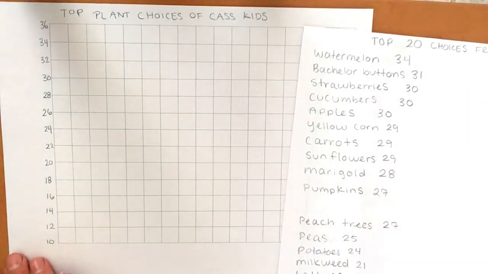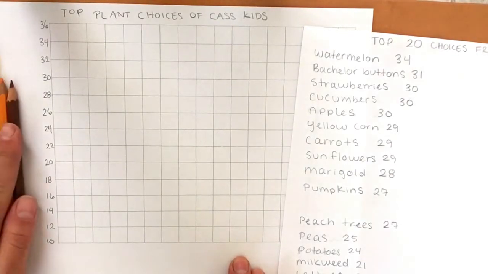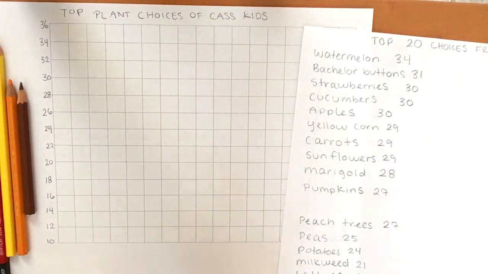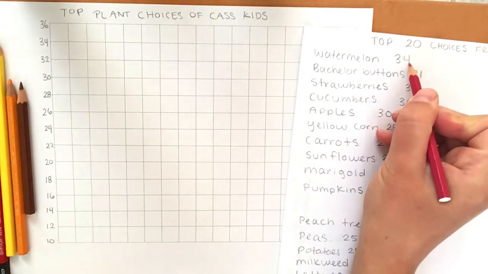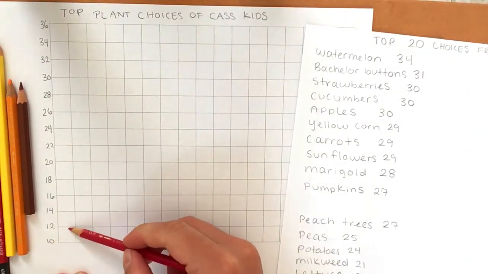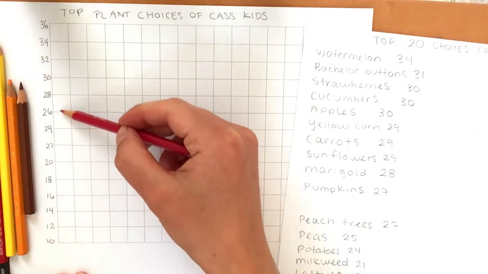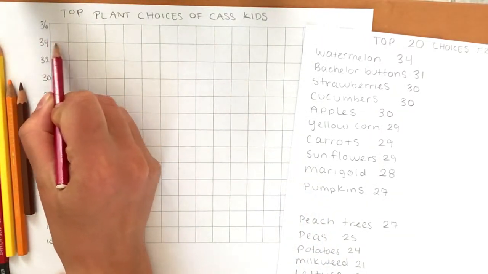Now along the x-axis, that's when you get to start using the colors. So for watermelon with 34 votes, I'm going to do a bar graph today, so I'm going to fill all of this space with color right up to the 34.